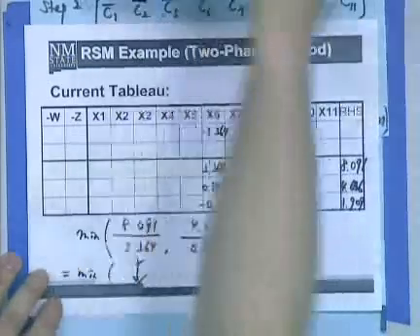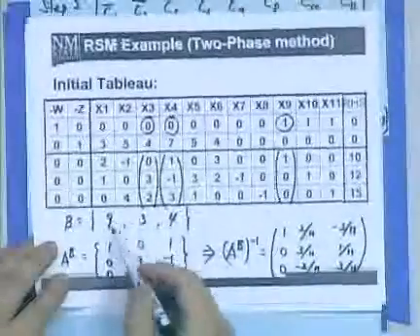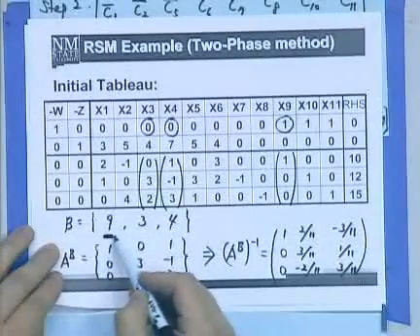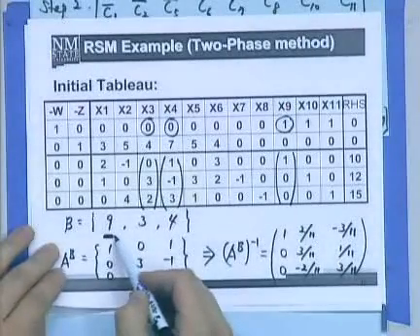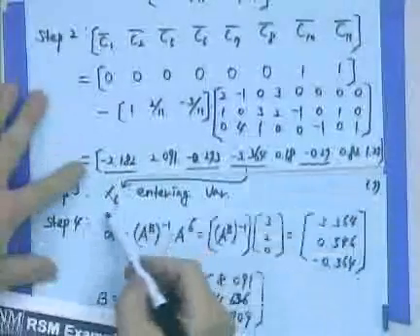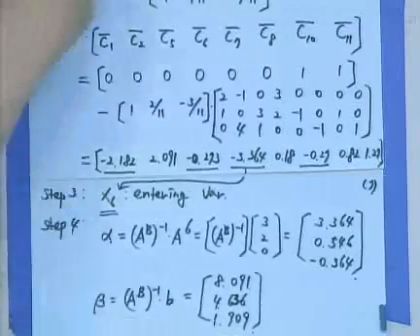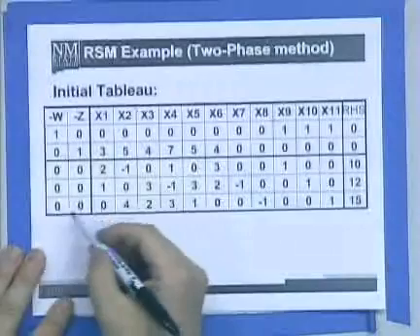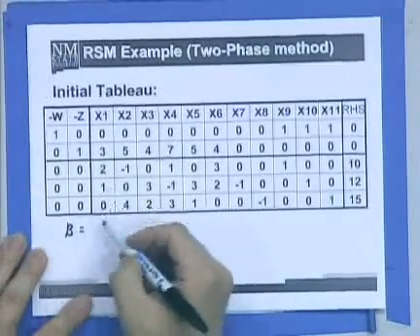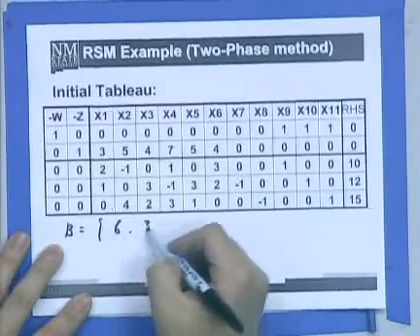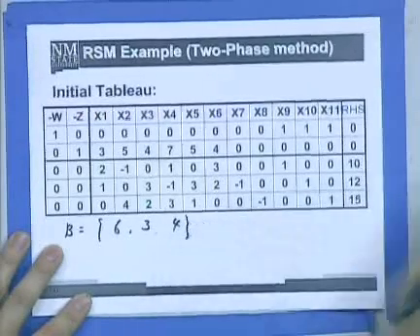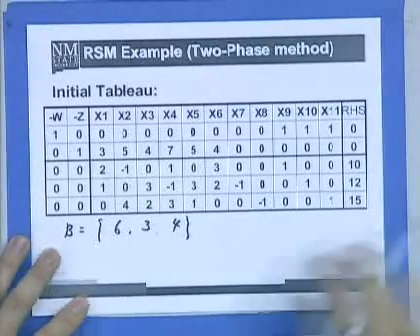Which means the first basic variable, which is the x9 variable, is replaced by the entering variable, which is x6. Okay? Therefore, the new basis becomes 6, 3, 4. Right?